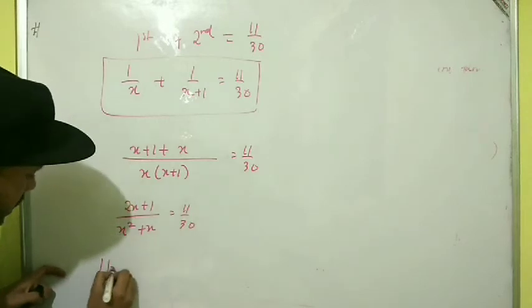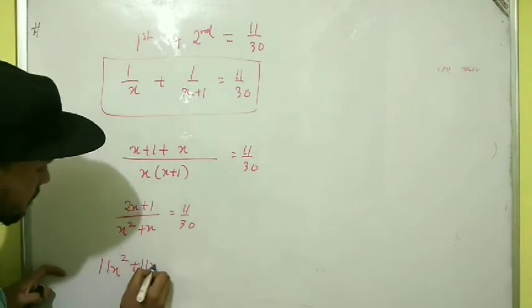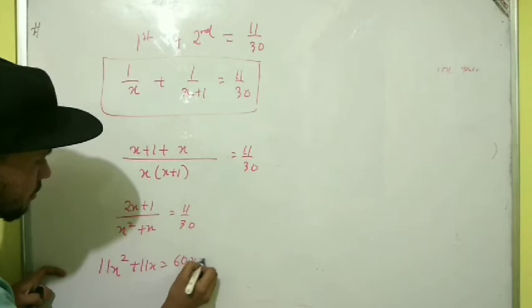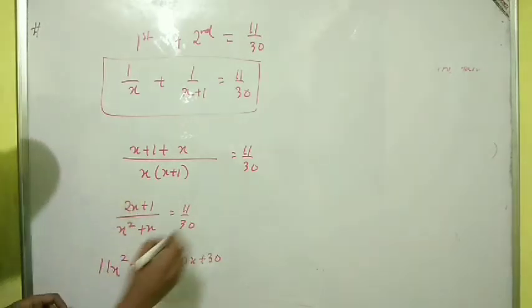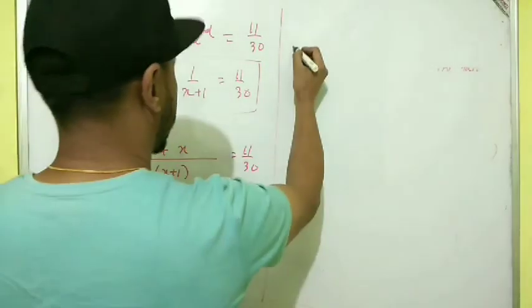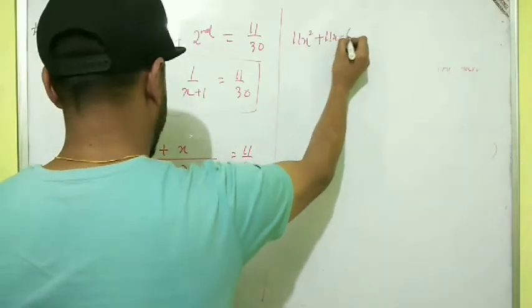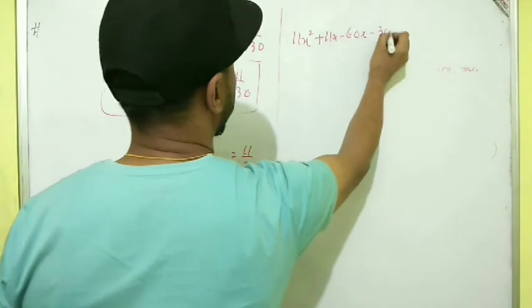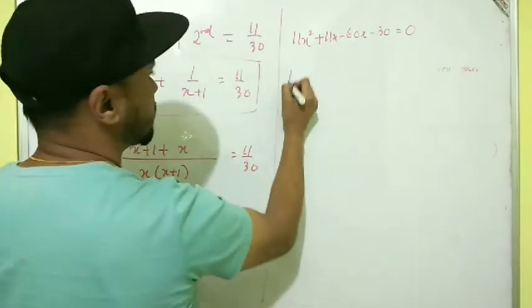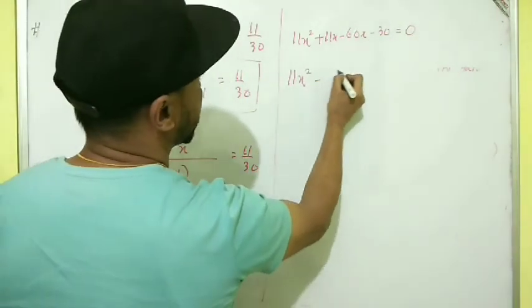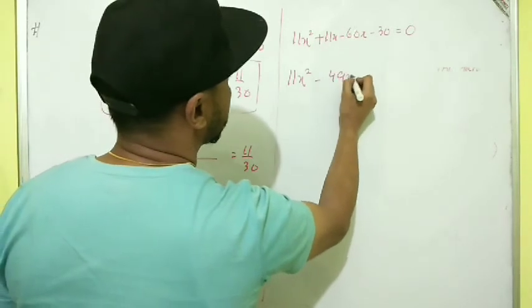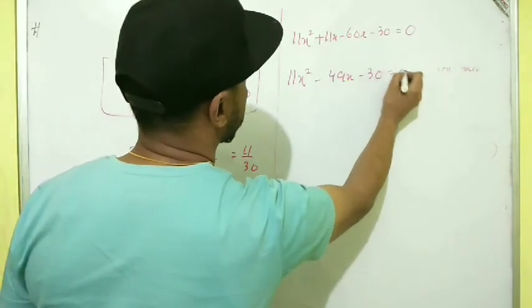If you cross multiply, 11x square plus 11x is equal to 60x plus 30. Now if you take all the terms to one side, this will be 11x square plus 11x minus 60x minus 30 equal to 0. So this will be 11x square minus 49x minus 30 equal to 0.